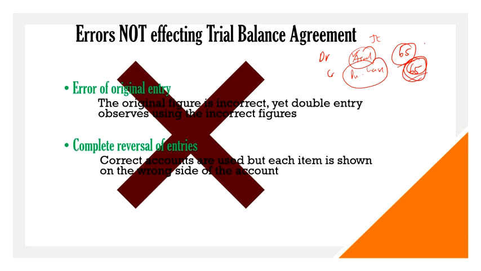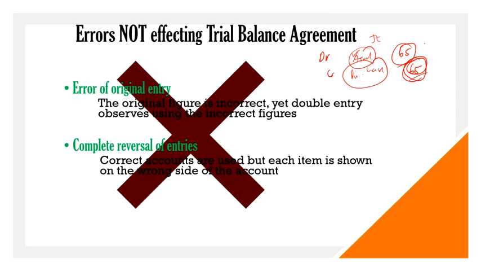So the last error is complete reversal of error. Correct accounts are used, but each item is shown on the wrong side of the account. This error arises when the amounts of the accounts are correct, but each item is shown on the wrong side.